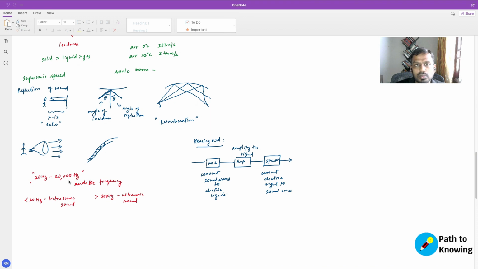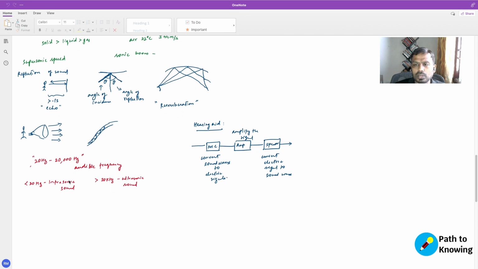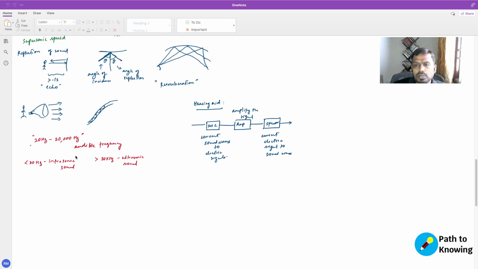We'll take a couple of examples here, and we'll touch upon the other aspects as well. As we know, ultrasound waves are waves with very high frequency, which you cannot hear, and they are waves that are greater than 20,000 hertz or 20 kilohertz.